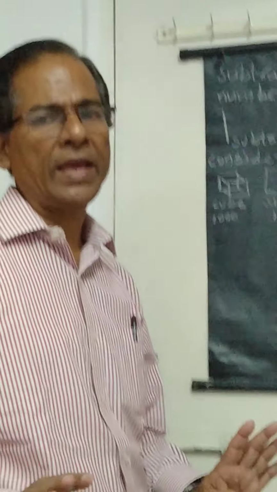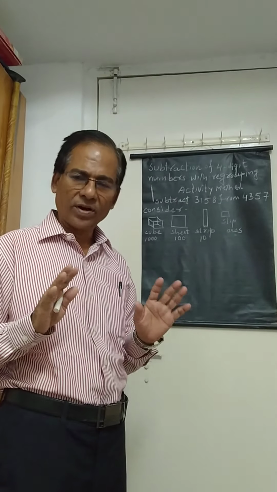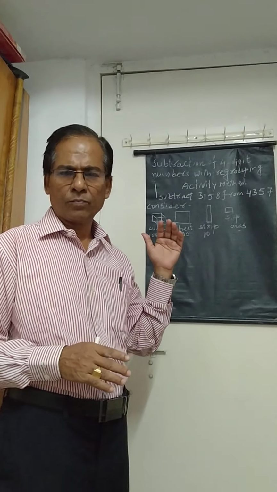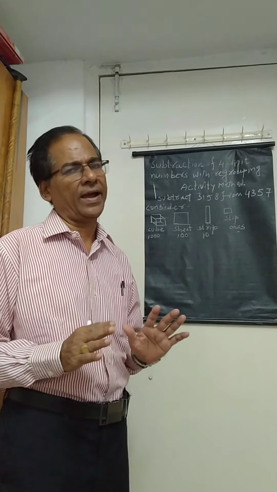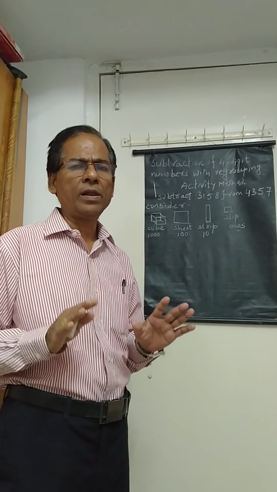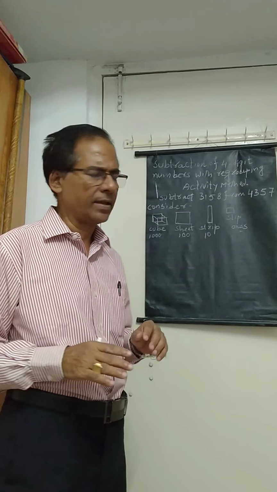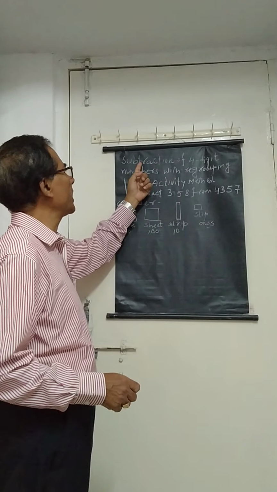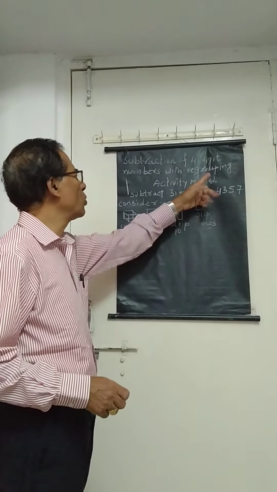This one you have to learn to understand how we are borrowing and how we are subtracting from smaller to greater. But in exams and actual practice you do the short method only. So today's topic is subtraction of 4-digit numbers with regrouping.